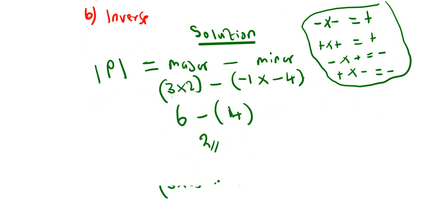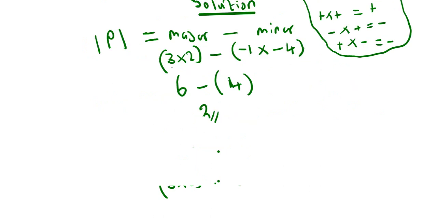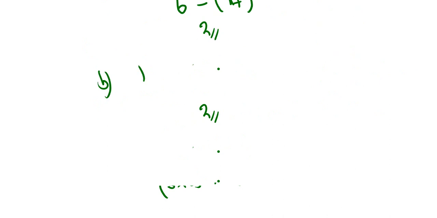So I'll rewrite the matrix P. When I rewrite the matrix P, I copy it here. It's going to be 3, 2, -1, -4. So this is B, determining the inverse.